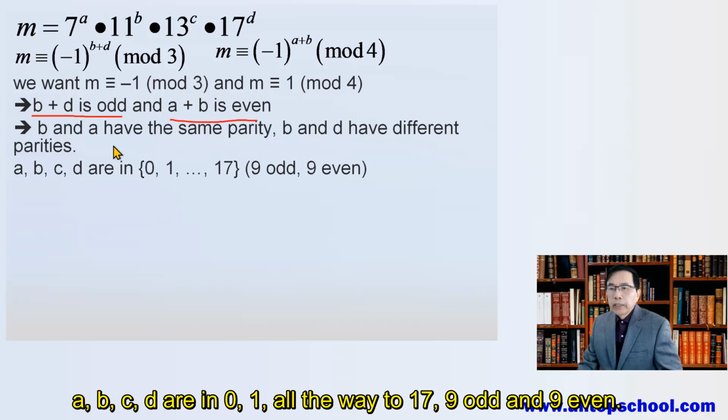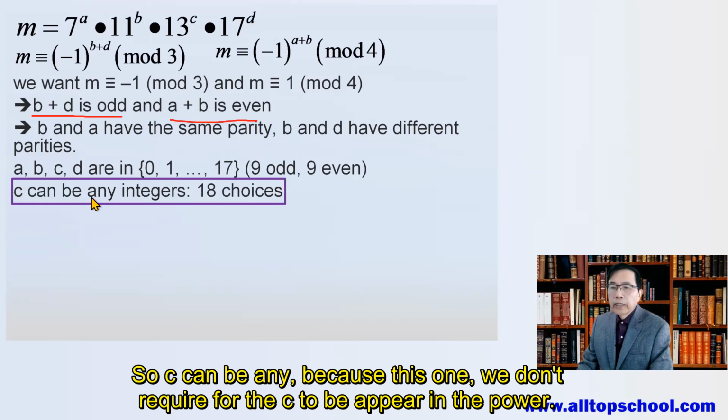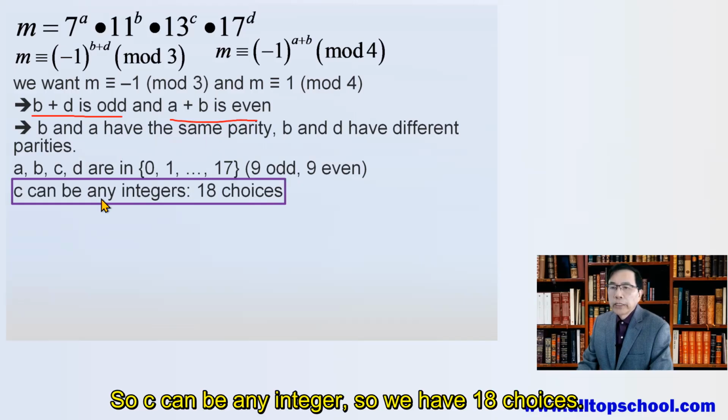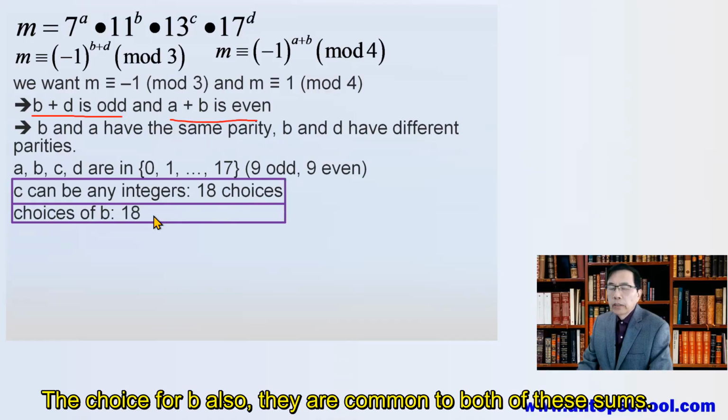A, B, C, D are in 0, 1, all the way to 17: 9 odd and 9 even. C can be any, because we don't require C to appear in the power, so we have 18 choices. The choice for B is common to both sums.